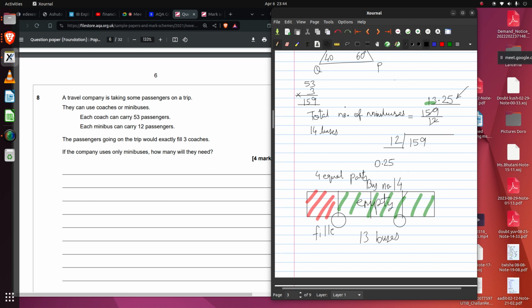In other words, 12 into 13 is how much? 156. 156 people are going to sit in 13 buses. Do you agree? Yeah. And how many people are remaining after 156 sit?